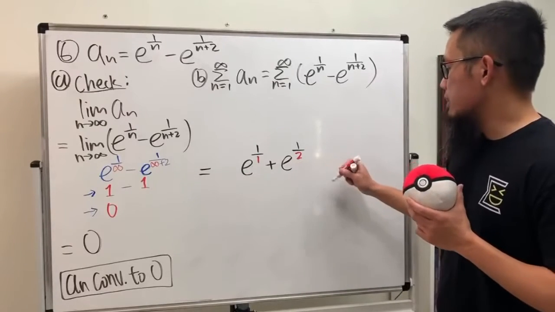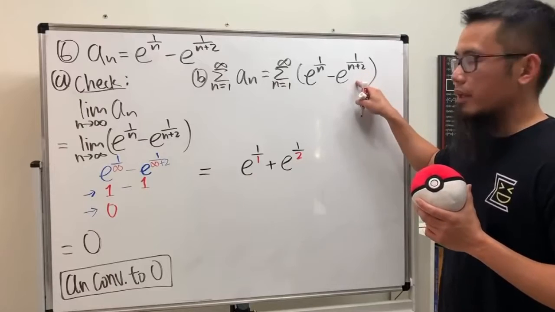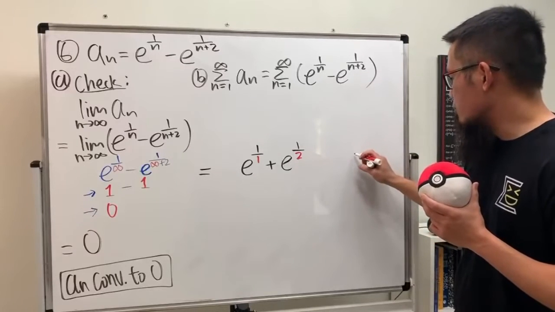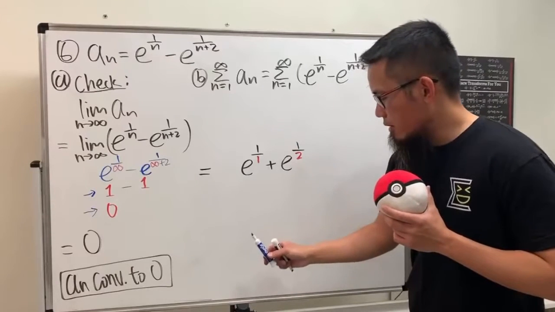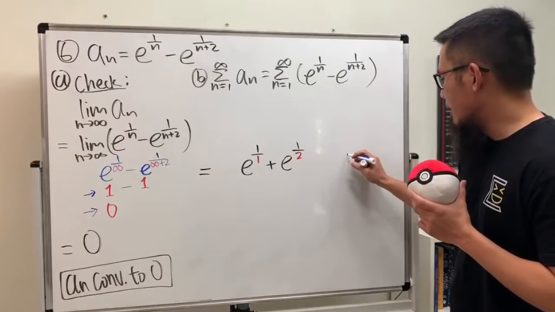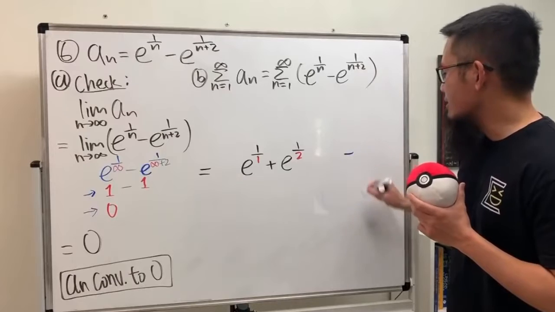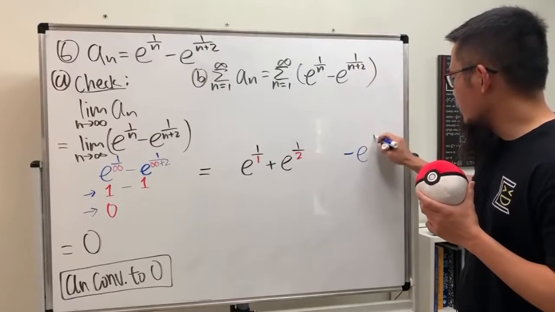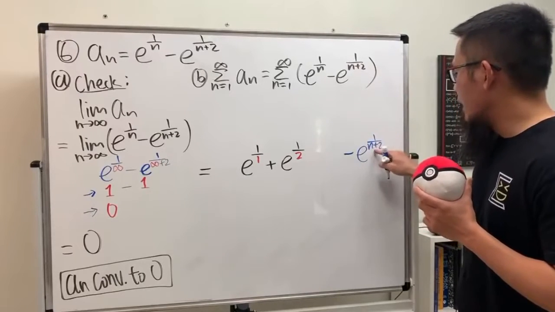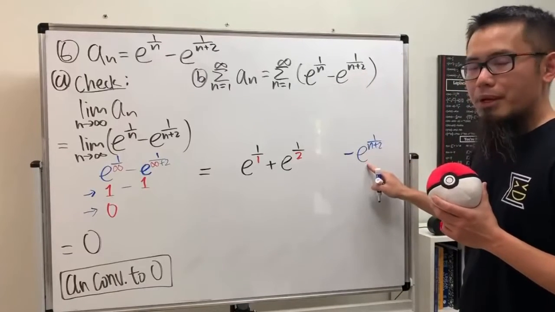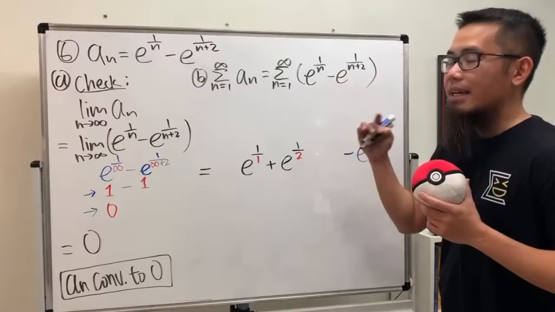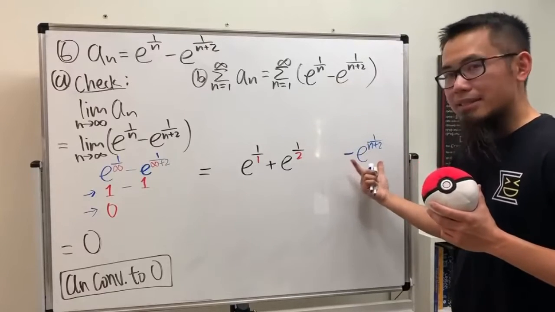Okay, but this is not it yet. What you want to do next is write down the last term right here, and that's minus. So you're just going to write down, in blue, minus this term, which is e to the 1 over n plus 2, right? You put down the last term right here. But again, because they're off by 2, this is the last term.